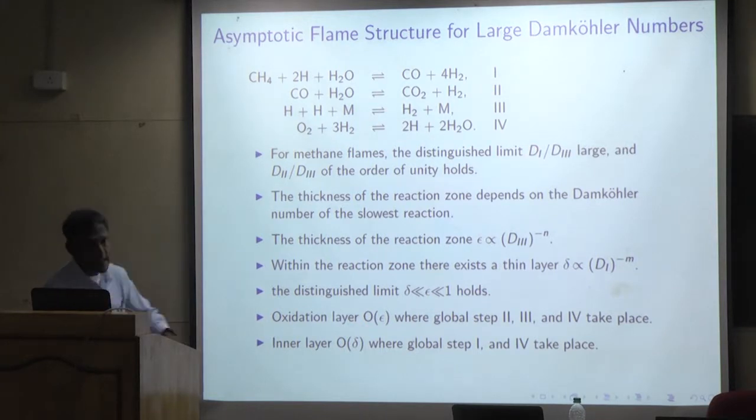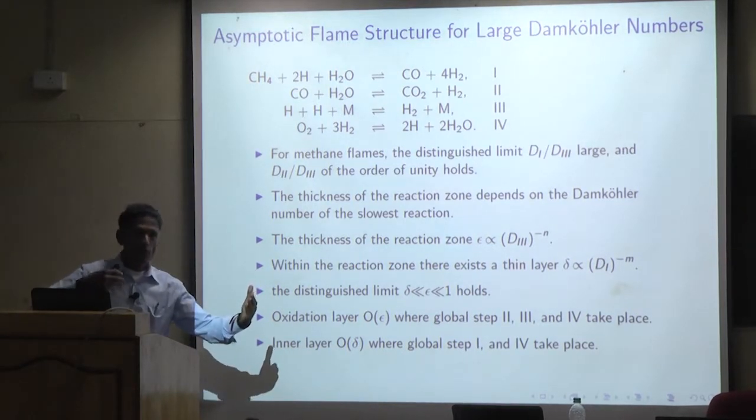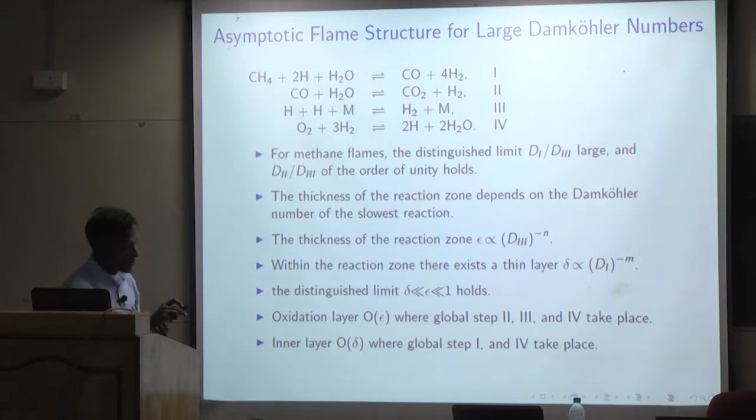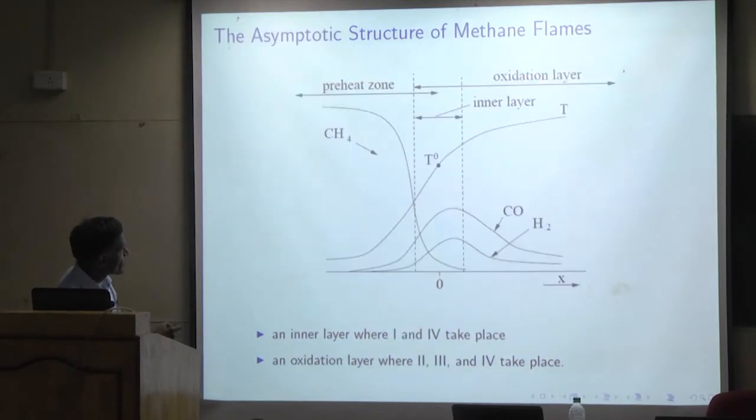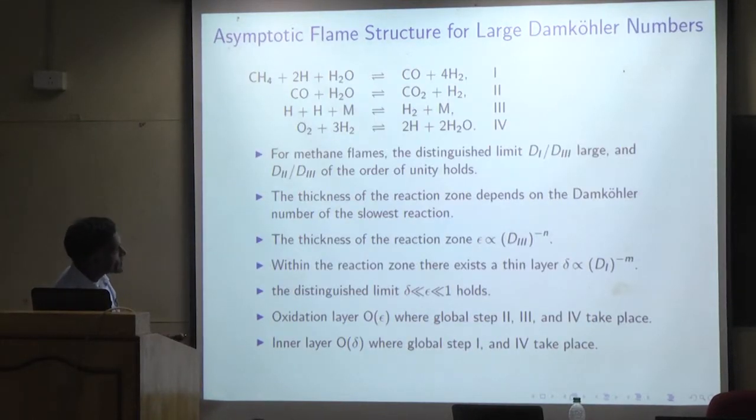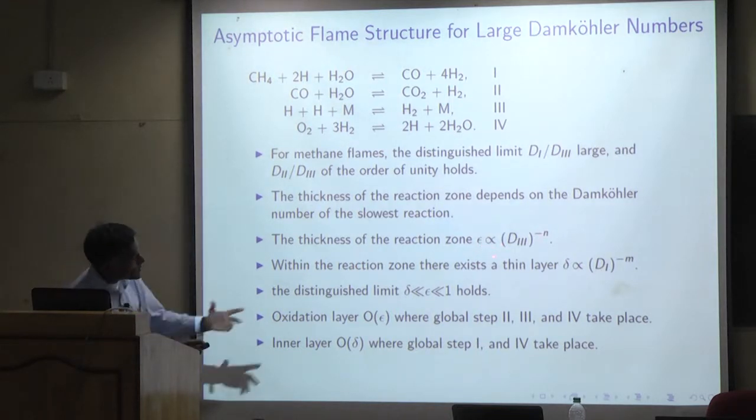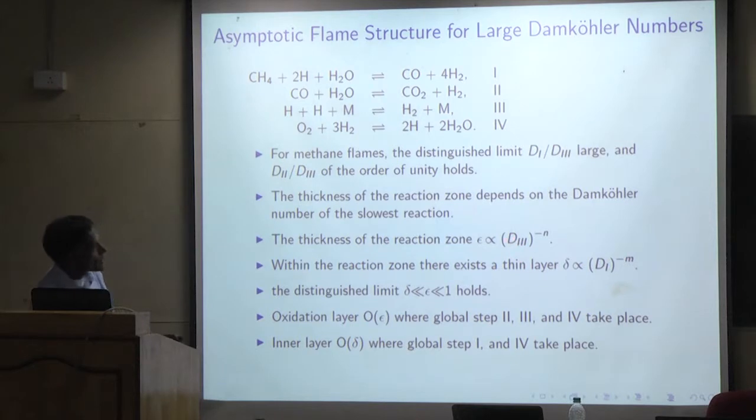The overall thickness of the reaction zone will go with the smallest Damköhler number, so it is given by some power of D3. We'll see what that power is; rate-ratio asymptotics will tell you. Nevertheless, the thickness of the reaction zone depends on the smallest Damköhler number, in this case D3.